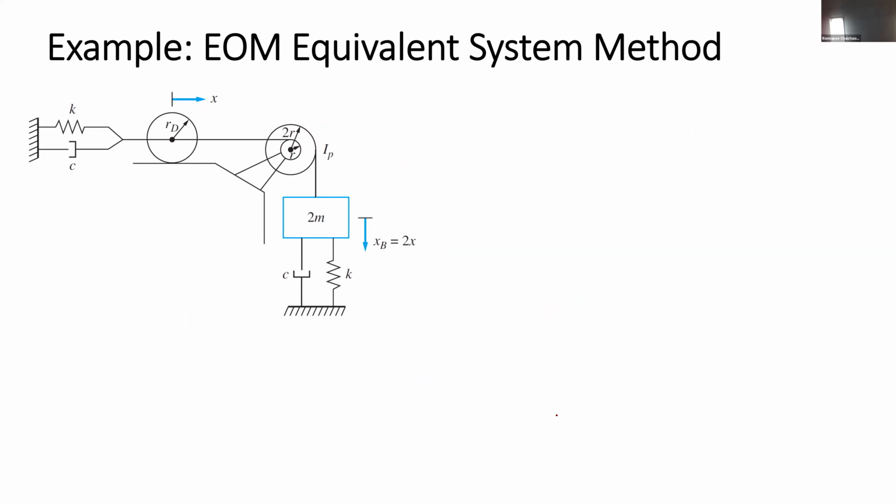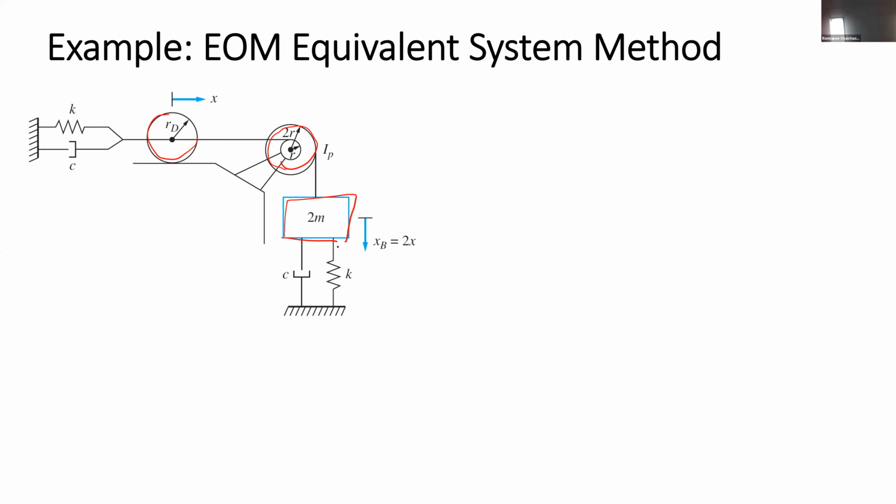Is there anyone in this classroom who would try to tackle this problem by means of the free body diagram method? It's not easy to deal with. We have a lot of components in the system. We have a disc, we have a pulley, we have a mass.